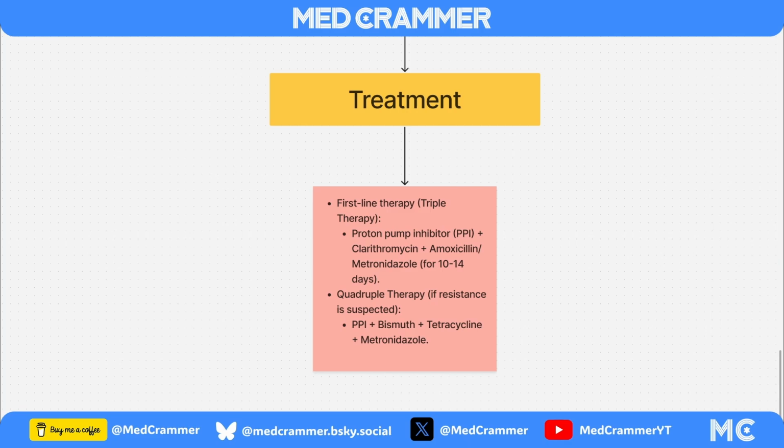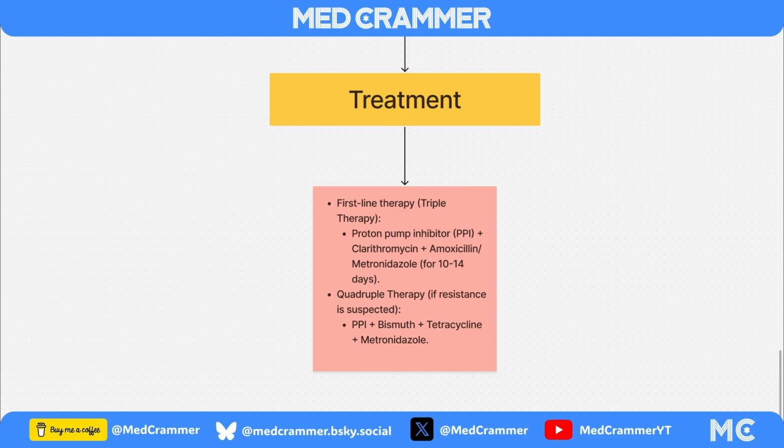Okay, last but not least, we have the treatment. So for many of the bacteria that affect the gastrointestinal tract, we can use first-line therapy, which is a triple therapy. This includes a proton pump inhibitor, which helps neutralize the acidity of the stomach, and then clarithromycin, amoxicillin, and metronidazole.